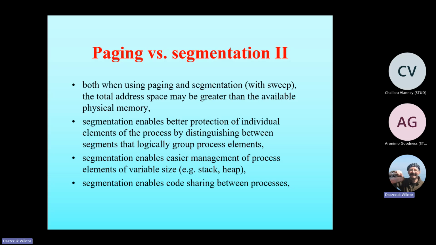From modern processors, ARM has no segmentation. RISC-V has no segmentation. In Power, you can turn on segmentation on demand, so people don't do it.